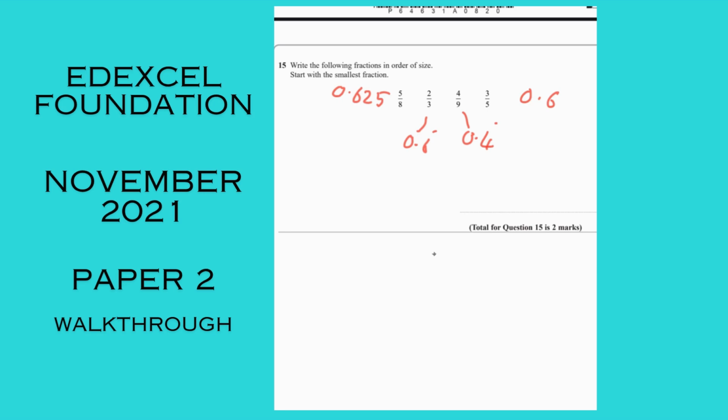So the smallest is the 0.4 recurring. Very small, it's the only one under a half. Next one is 3/5, because it's 0.6 nothing. Then it's 0.625, so that's 5/8, and it's 0.6 forever. So 2/3 is the largest.